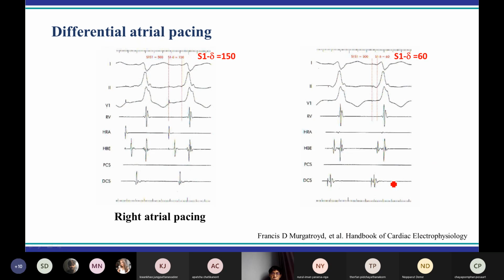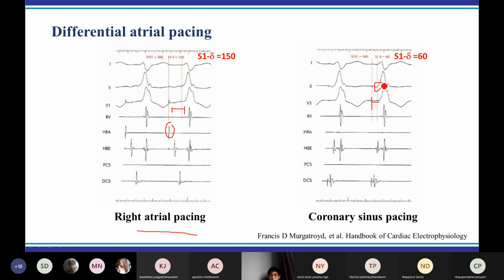Here is when you have a right atrial pacing. This is the atrium. You see that you pace here, and the PR is quite long here, and you see that there's some slight pre-excitation, and the signal reached the ventricle. But when you pace from the coronary sinus, you pace here, the PR is shortened, and there is more pre-excitation here.